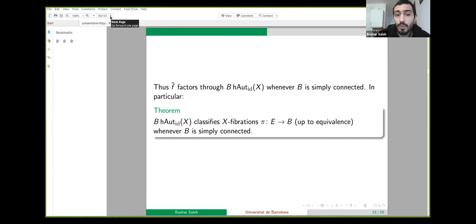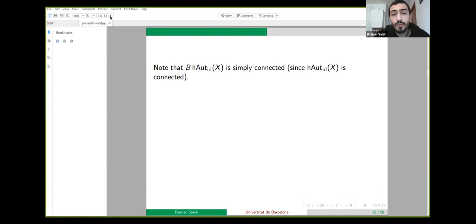So it's kind of a classifying space in the category of simply connected spaces. But now note that the classifying space of this monoid is simply connected, because this group-like monoid is connected, so its delooping will be simply connected.